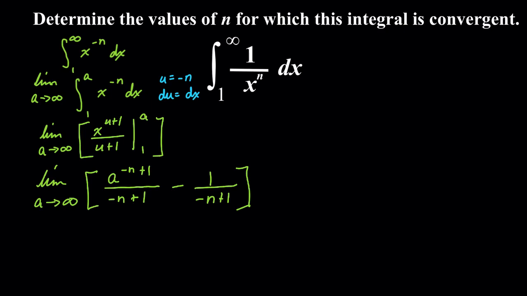All right, so I'm going to simplify or change things around a little bit so we can see what's going on here. I'm going to rewrite this as a raised to the negative n minus 1 over negative n plus 1.